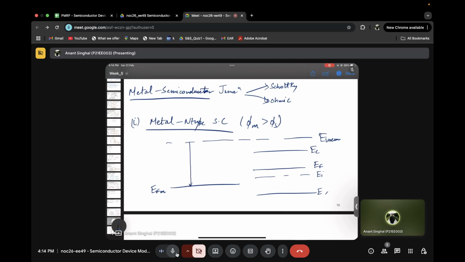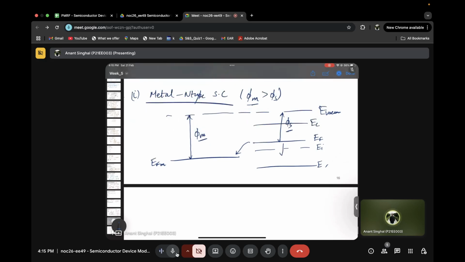This was the work function, which is the difference between the Fermi level and vacuum, and this is phi s. I've taken the case when phi m is greater than phi s. So how do you think the electron will flow, from semiconductor to metal, right? But we already know that the metal already has an excess of electrons.